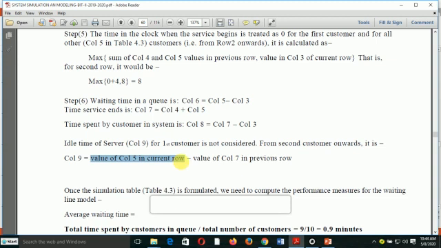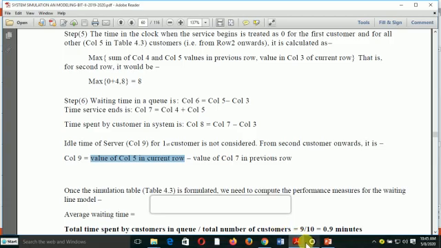It began for the first customer, at a given time, minus the value when the service ended for the previous customer. So we will know how many times the server was not working, he was idle.